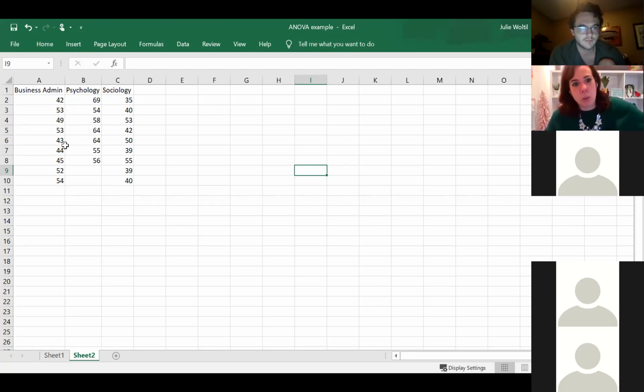So don't despair if you're like, wait, what? This is your yearly salary? Okay, so if you guys want to write this in, this way we can do it all at the same time. So note that there are more responses for business administration and sociology than there are for psychology, but that is fine. So step one, just reproduce this table.